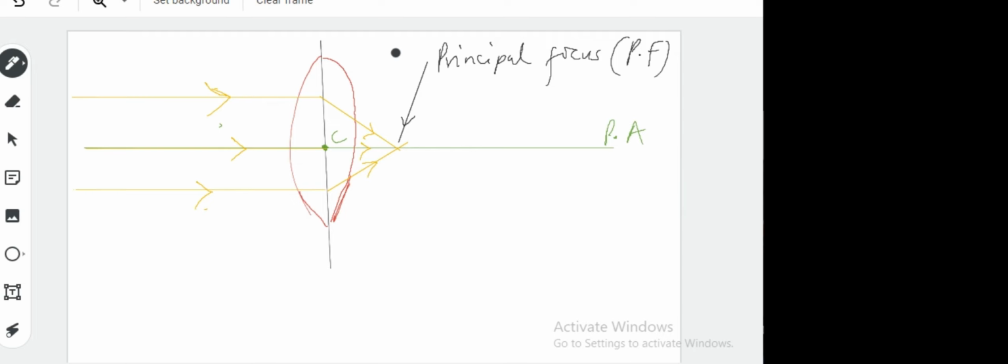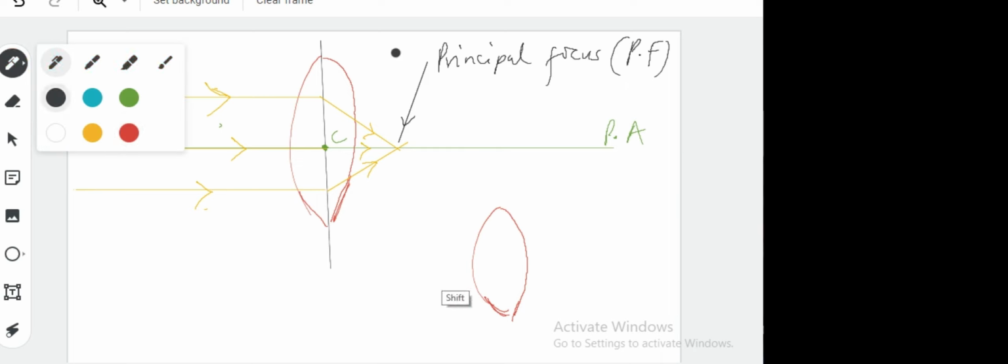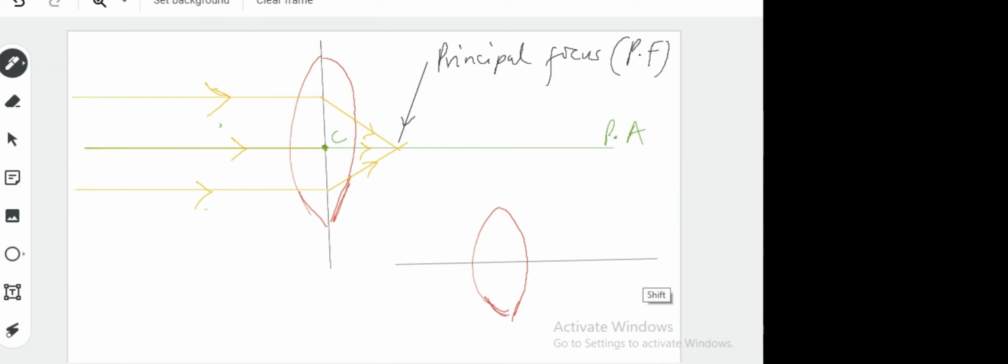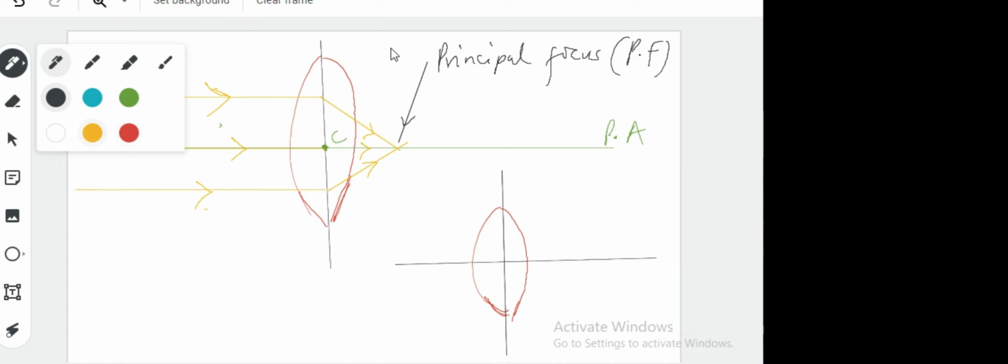Now, it's different from any kind of focus. If you have a lens again, let's look at the lens. We are going to demonstrate this. You will see what I'm talking about. If you have a lens like this, this is the principal axis, and this is the vertical plane of the lens, and you have rays that are not parallel.